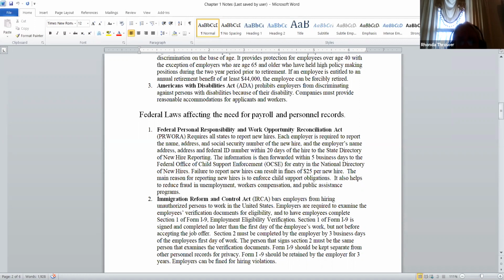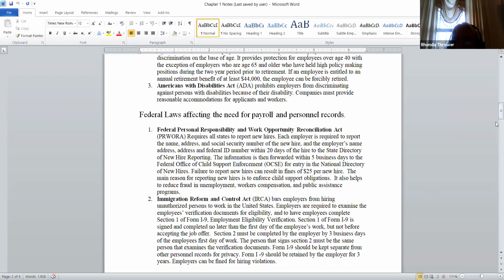So when you have someone that you are getting ready to hire, everybody has to prove that they are eligible to work in the United States. So you have to have some kind of verification for eligibility.